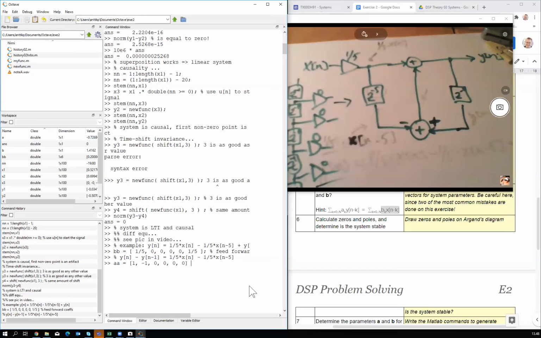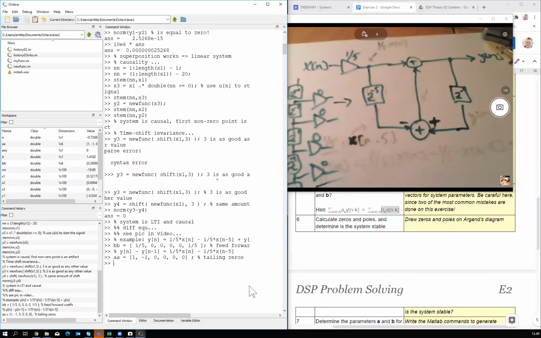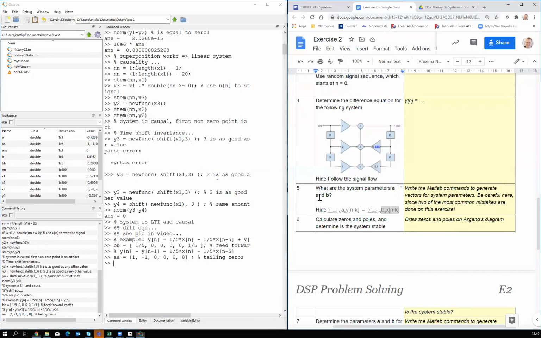So this would be the fifth order polynomial also for the output terms. So trailing zeros are not required, but it's okay to have an equal amount of parameters for B and A. Okay, so those are the system coefficients, B and A.